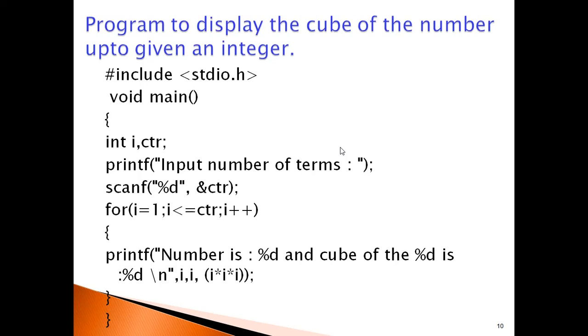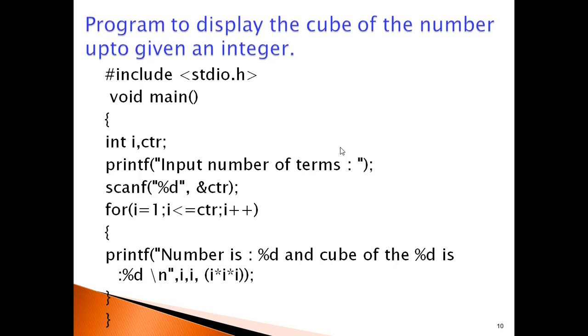#include <stdio.h>, void main, int i, ctr, two integer variables declared. printf, enter the input number of terms. The scanf function reads the number and stores it in the ctr variable.